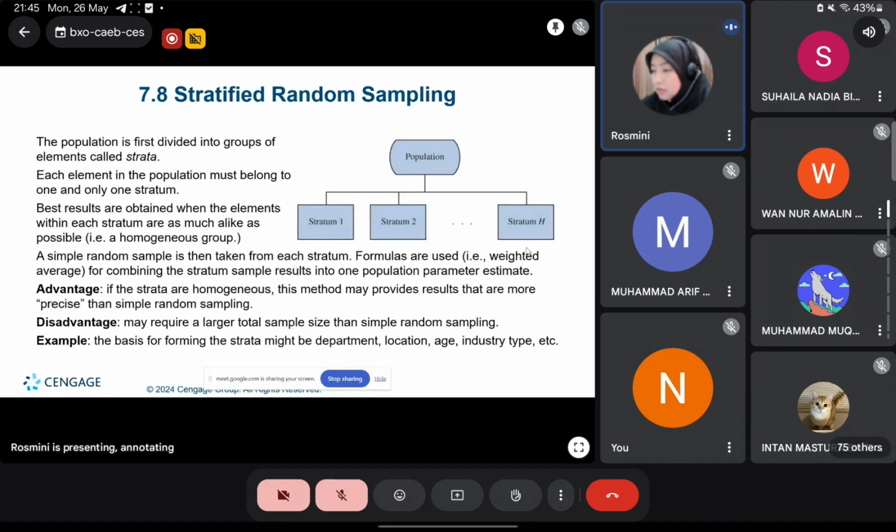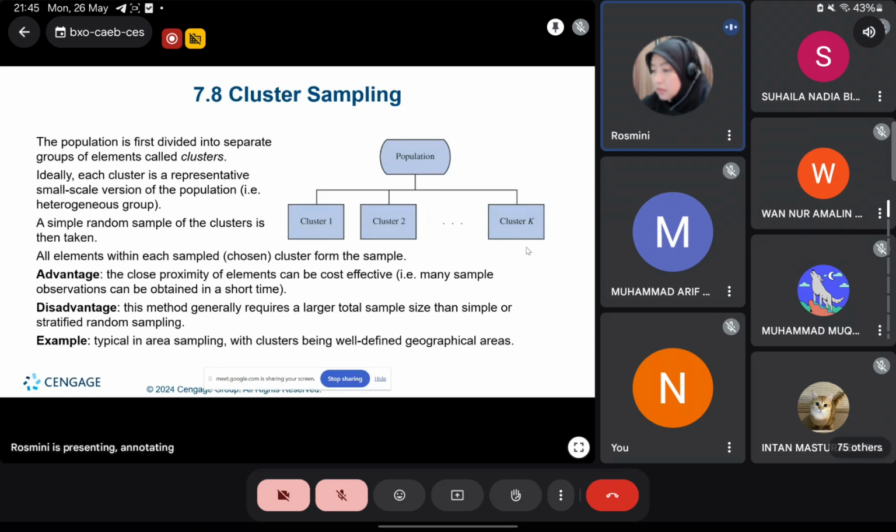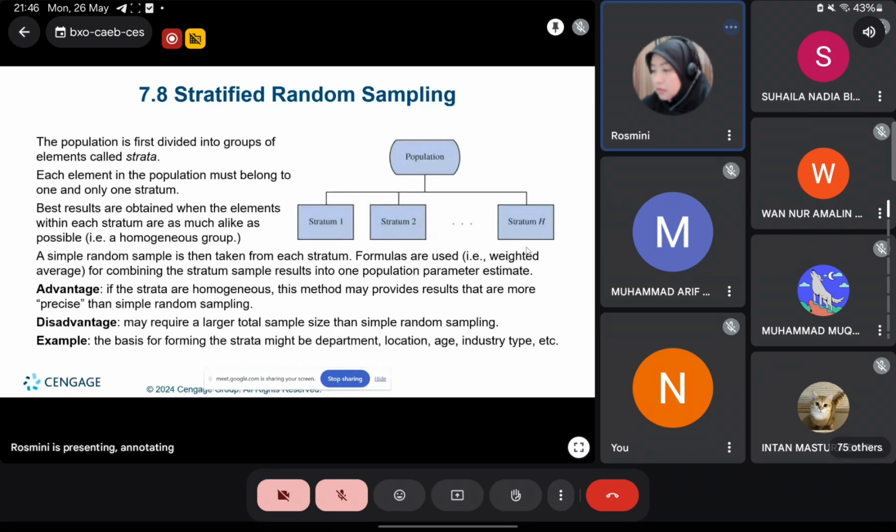So what you will do is take a sample, random sampling. We have so many ways of doing the sampling. You have stratified and you also have cluster. Stratified sampling is where, if the strata is homogeneous, this method may provide results that are more precise.